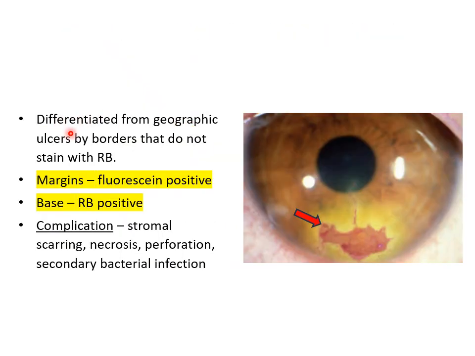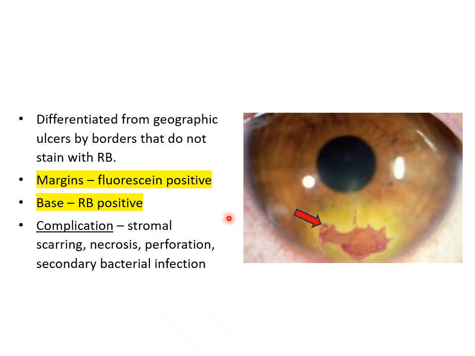How to differentiate it from geographic ulcer? Now, one morphological difference is that that one had scalloped borders and this one has smooth borders. Another difference is about the staining. Now, see, in this case, the margins would be fluorescein positive, whereas the base would be rose bengal positive. Why so?